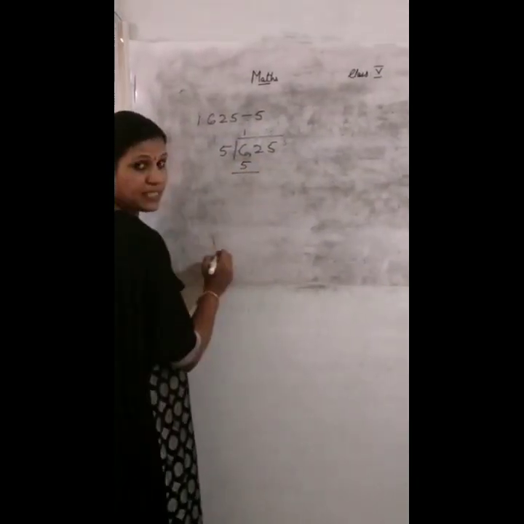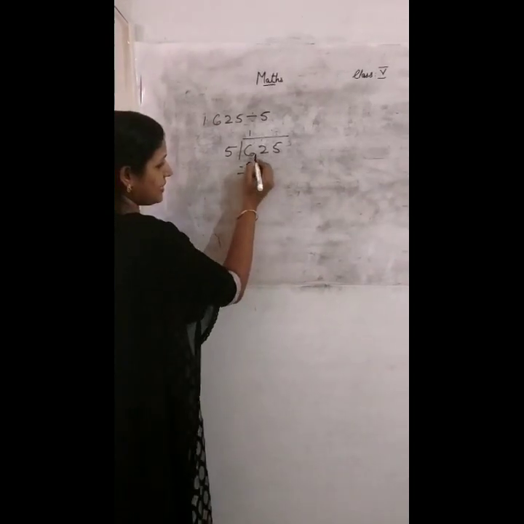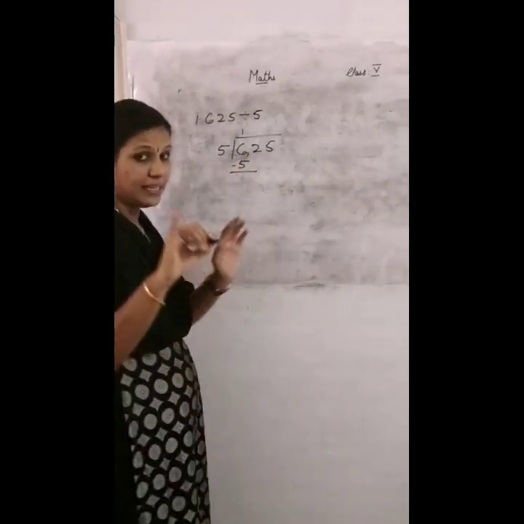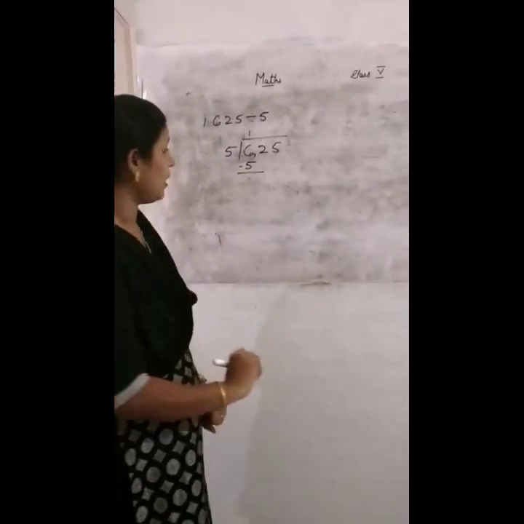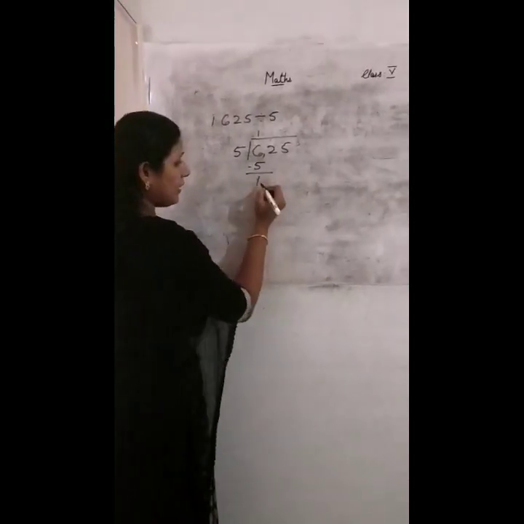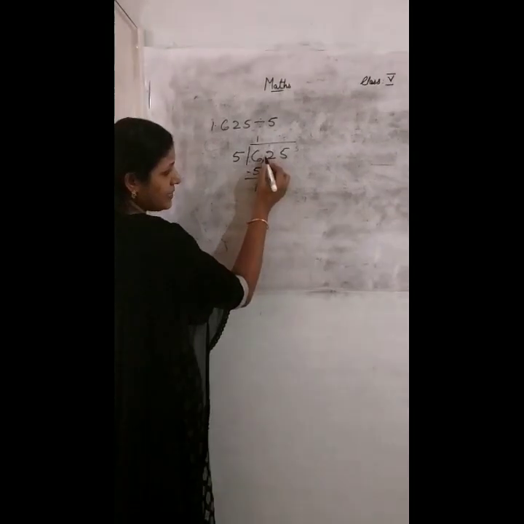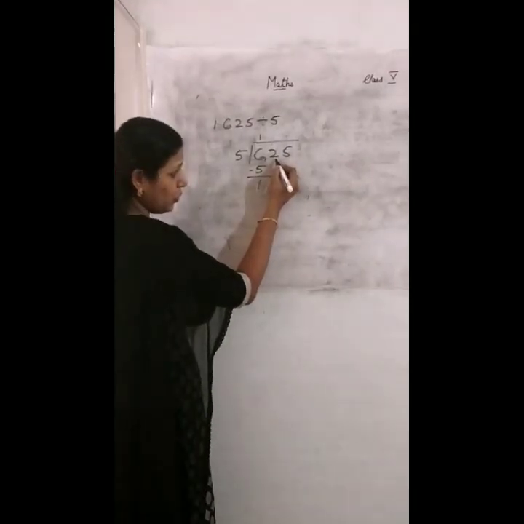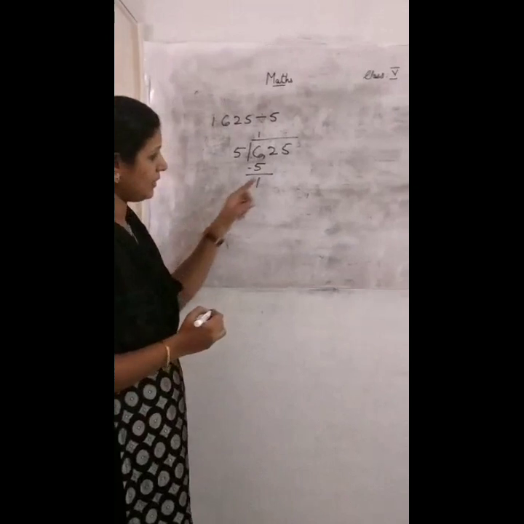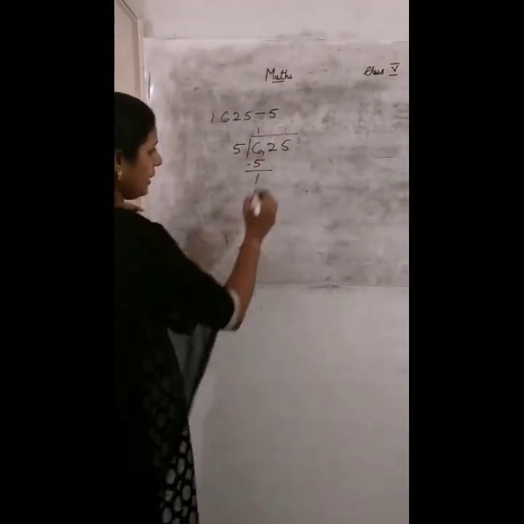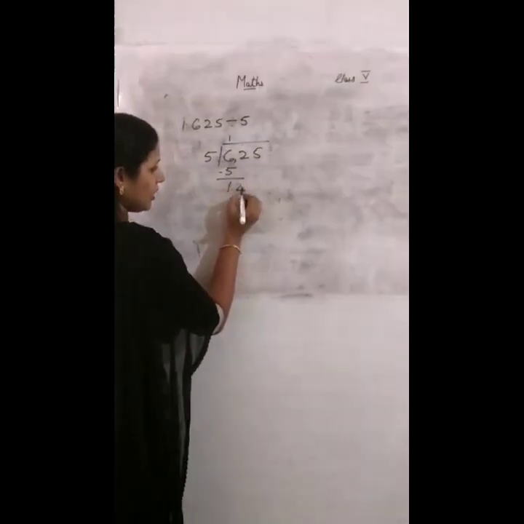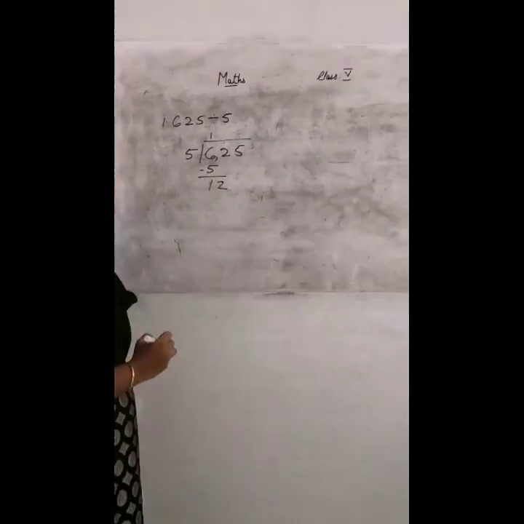The next step is subtraction. That is 6 minus 5 is 1. Then next step is we bring this digit, that's 2, to the bottom. That is we get the number 12.